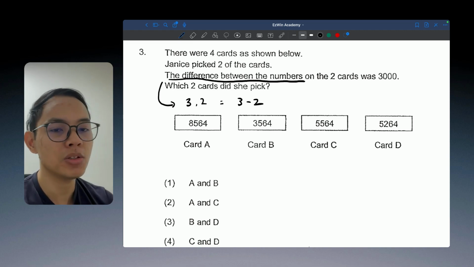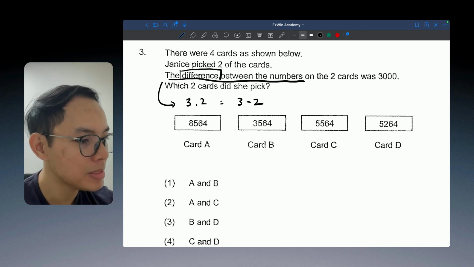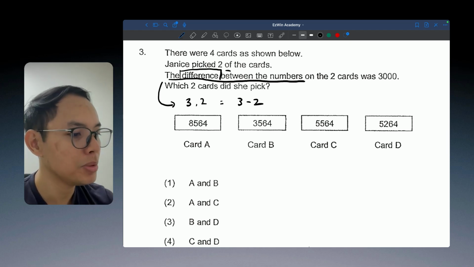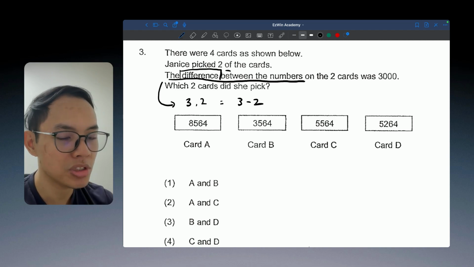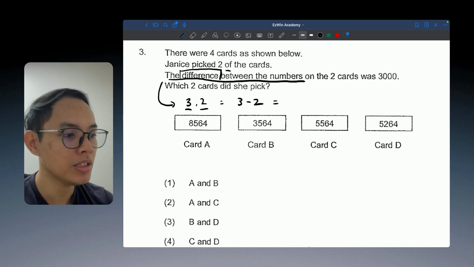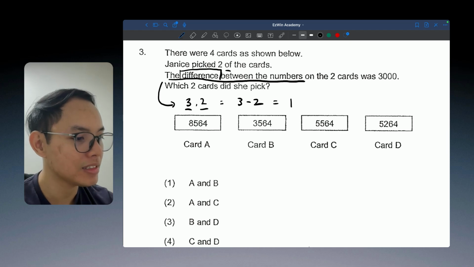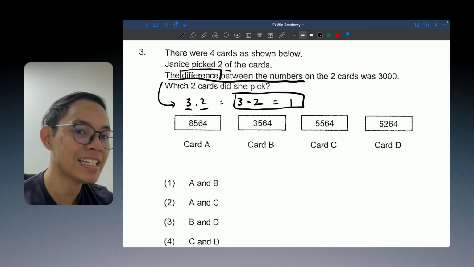Okay, so if you see the word difference, okay, you can write it down. Difference means minus, right? Between the two numbers. So you usually have the difference between the two numbers. So 3 minus 2. And what is the difference between the two numbers 3 and 2, or 3 minus 2? It is 1. Okay, so difference means what is the answer to two numbers minusing each other.